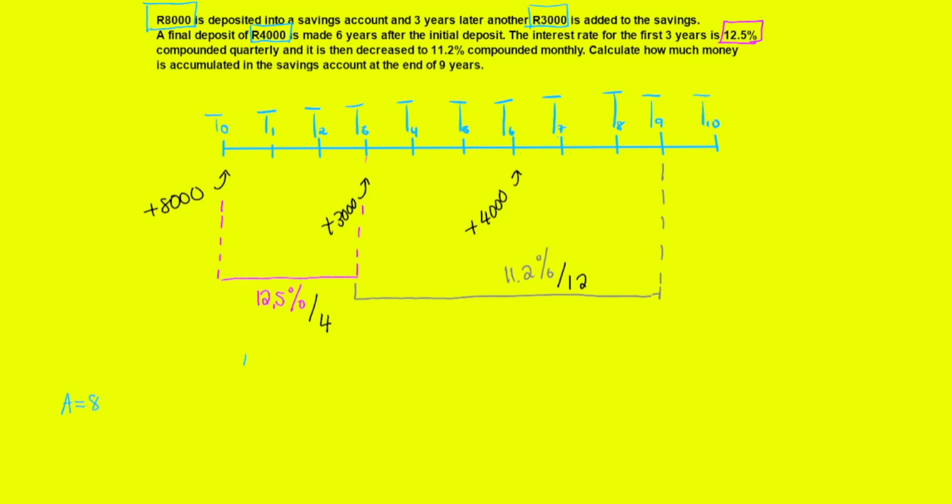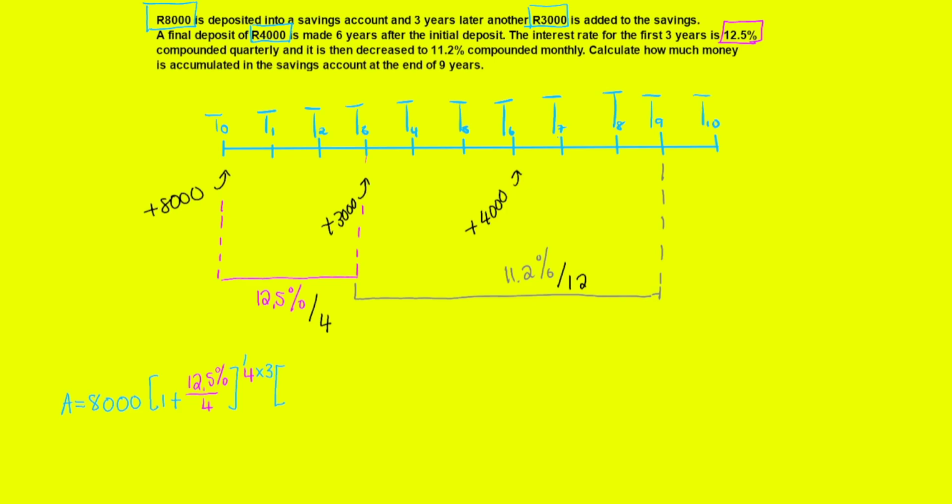Now, we started with 8,000, and it was affected by 2 interest rates. The first one is the 12.5% compounded quarterly raised to the 4. For how many years? Well, it was subjected to this for the first 3 years, so you multiply it by 3, and then the interest rate changed.